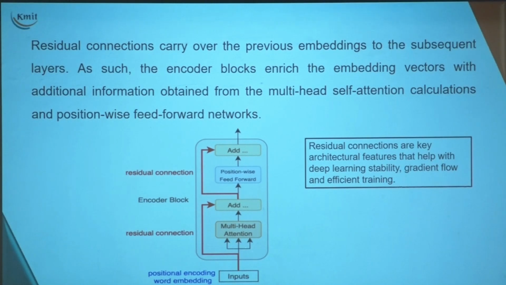That is, the previous output would be stored. If you have new input, I will not read word by word of the previous output. I will just read the previous output as an entire sentence and just add the new word to it. Hence, I say adding and normalizing. Are you all clear with me? Yes or no? Got it? So, this is called adding and normalization. Residual connections help us do that.